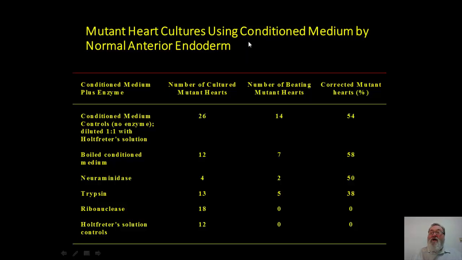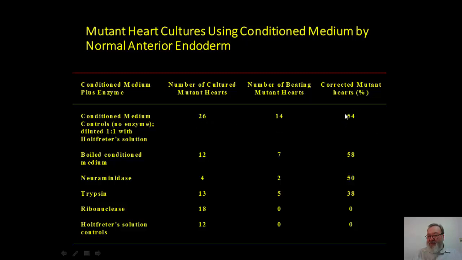We then conditioned that medium. By definition, we conditioned that medium with the anterior endoderm, and we then took the anterior endoderm out and added the mutant hearts.